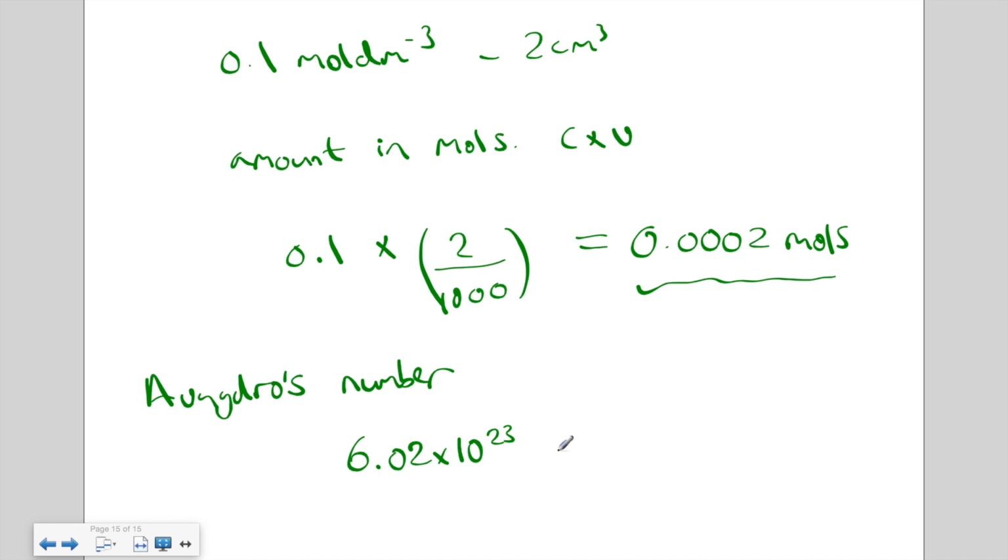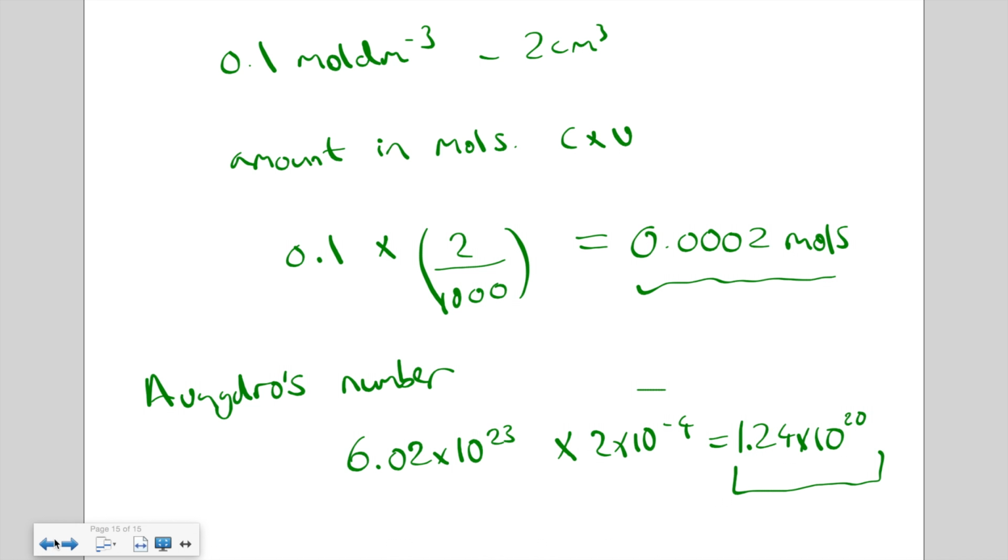So we multiply this by the amount of moles we've got, which is 2 times 10 to the minus 4. That gives us the amount of molecules that we'd have. And this comes out as a very, very large number still, 1.24 times 10 to the 20. So this is the actual amount of glucose or sucrose molecules we'd have.